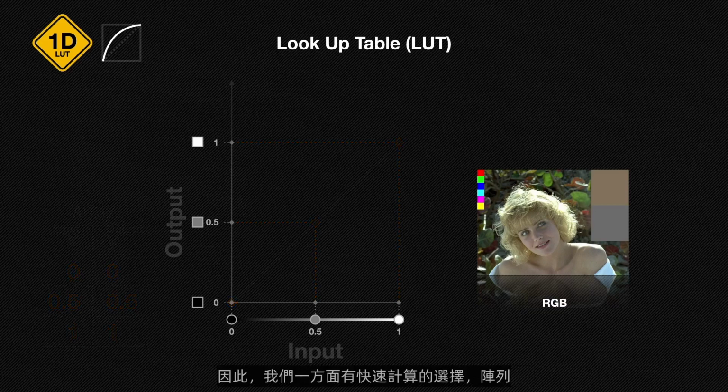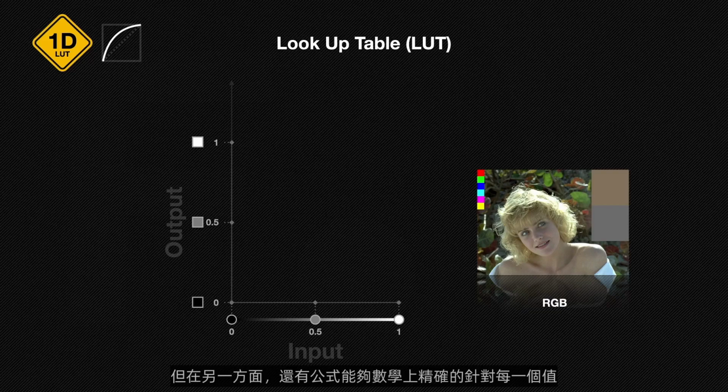So, we have on one hand the fast computational option, the array, but on the other hand, there is a formula that is going to be mathematically precise for every value regardless of the bit depth of the image that is being applied to. The function.